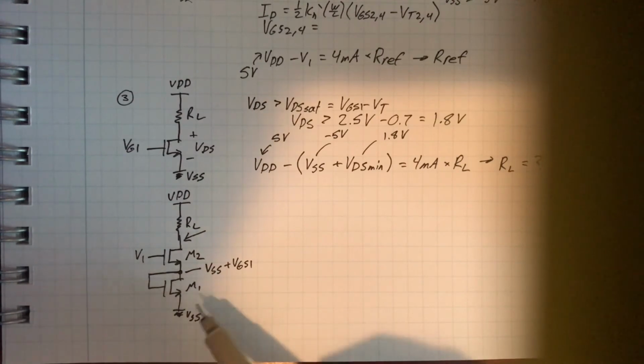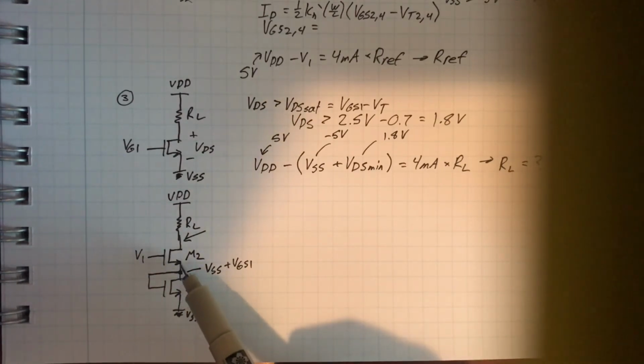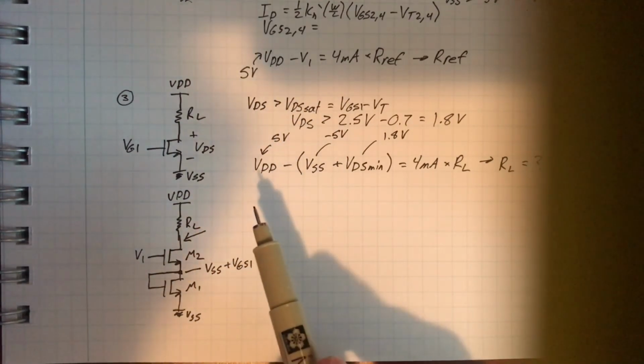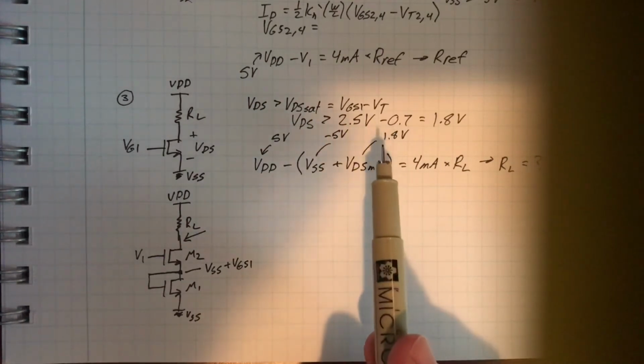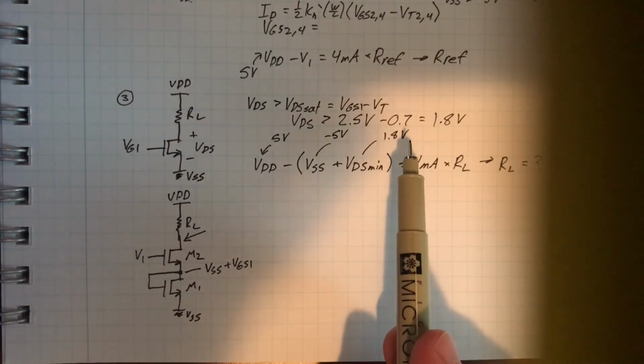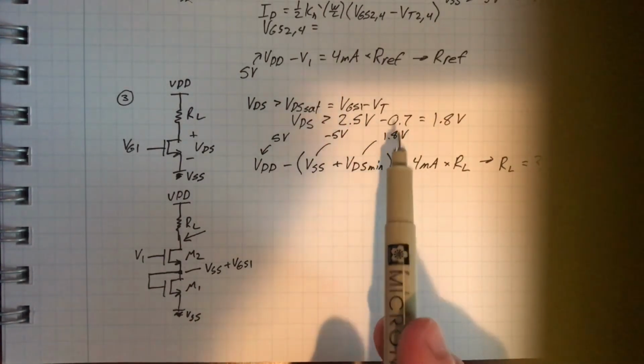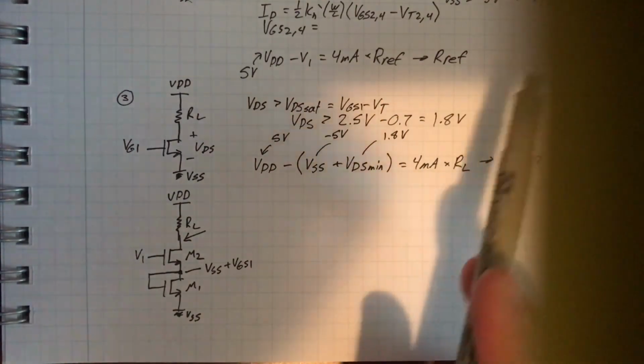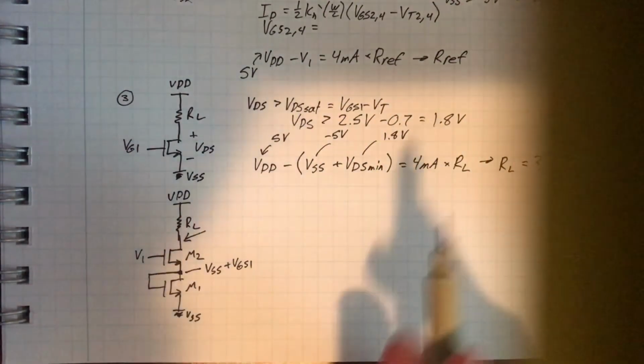So that's why this node is VSS plus VGS1. And then again, there's a minimum VDS requirement on M2 based on that same equation. But the difference here is VT isn't 0.7. It's what we calculated earlier in part 2.